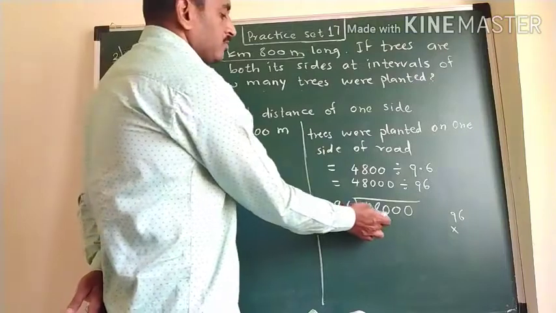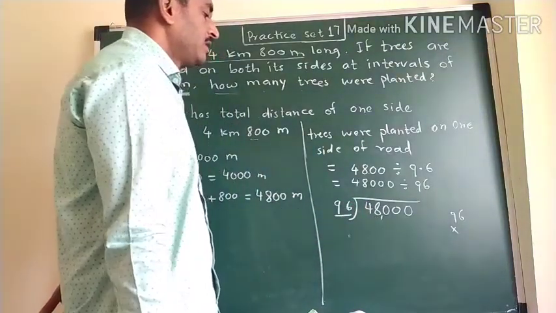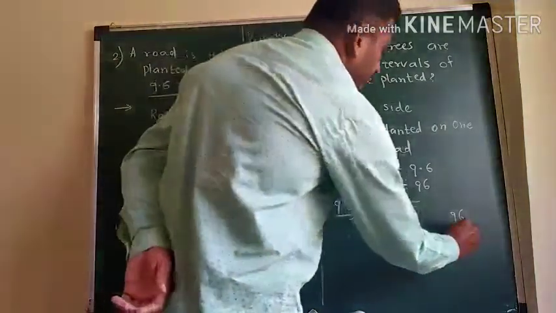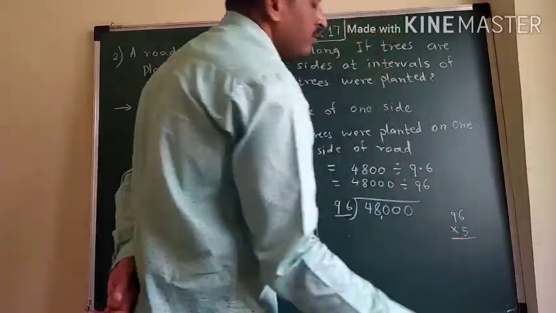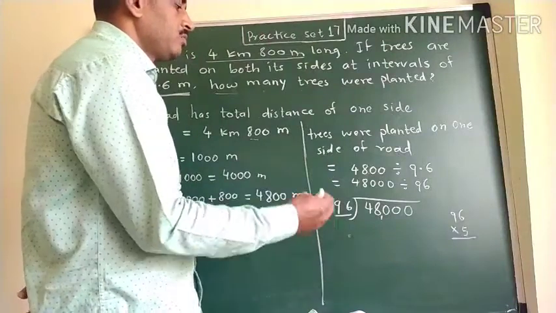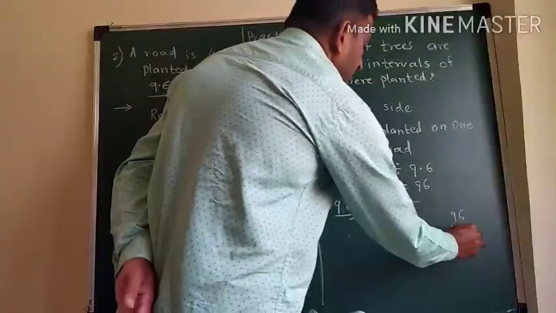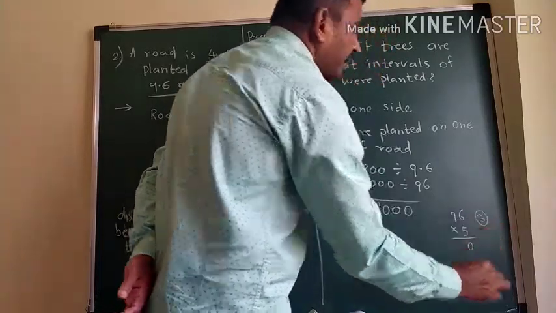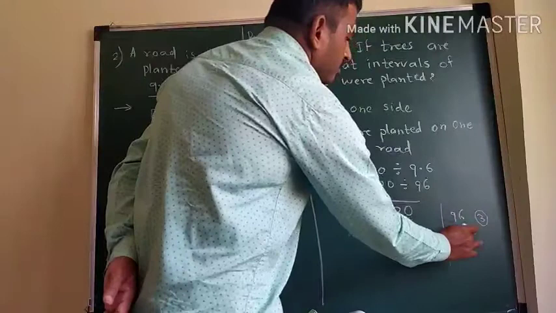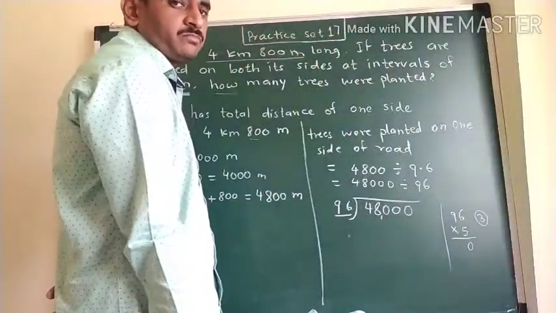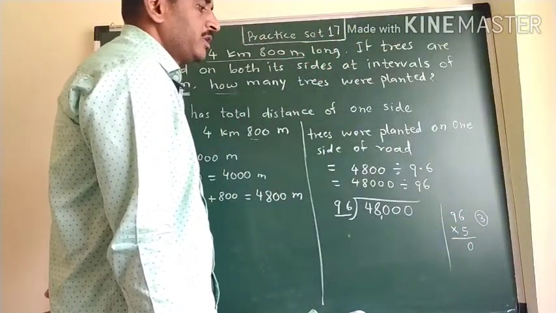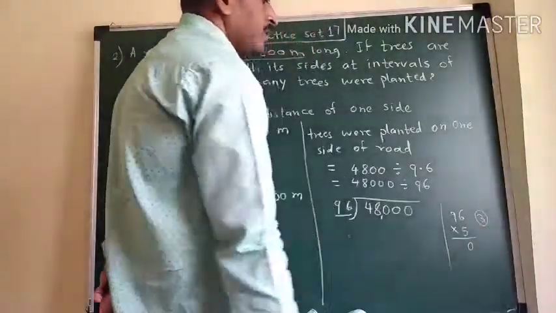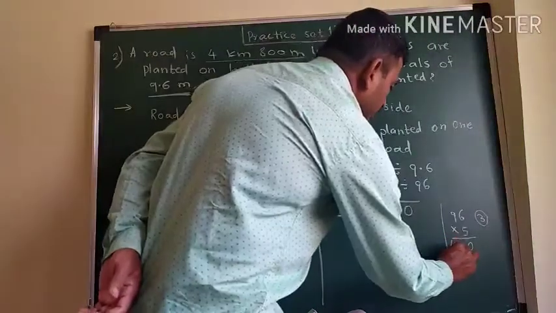gives us 480? So when we multiply by 5, then we can see what the answer is. 5 6s are 30, 3 is the carry, 5 9s are 45 plus this 3 is 48.